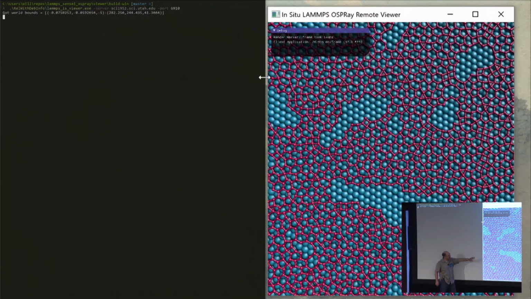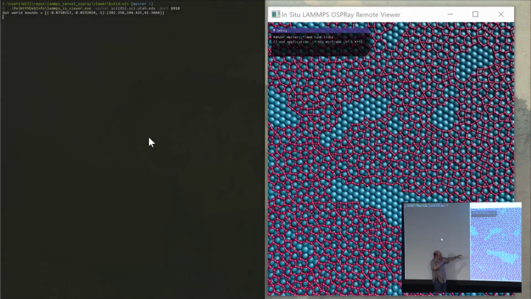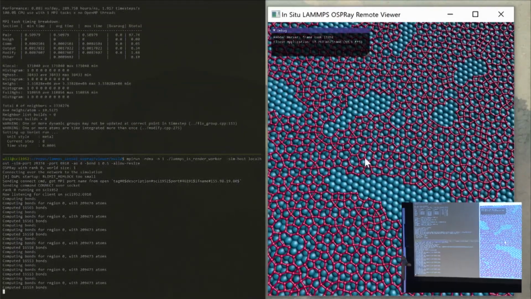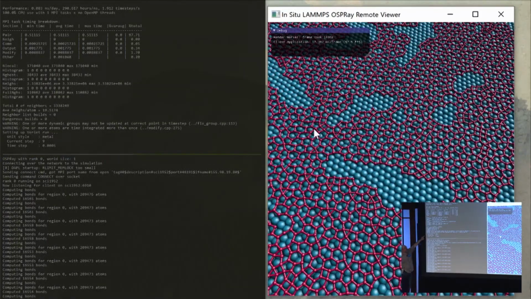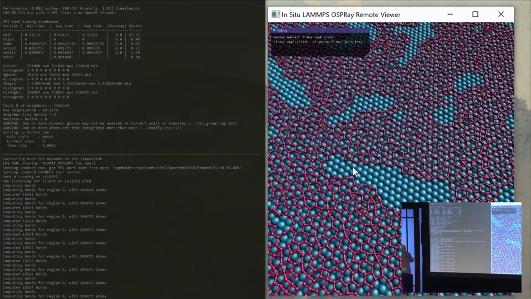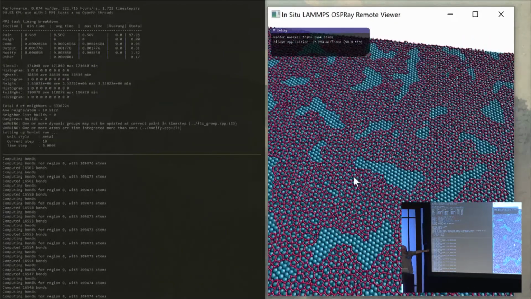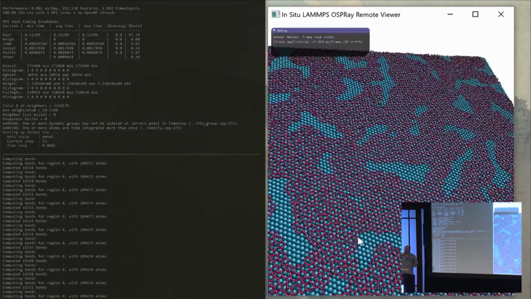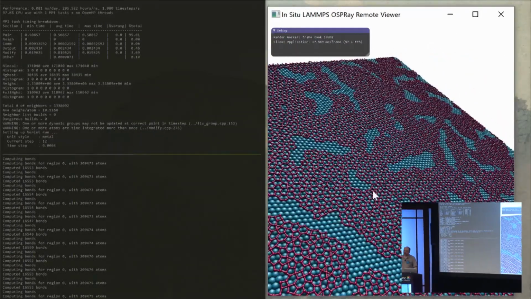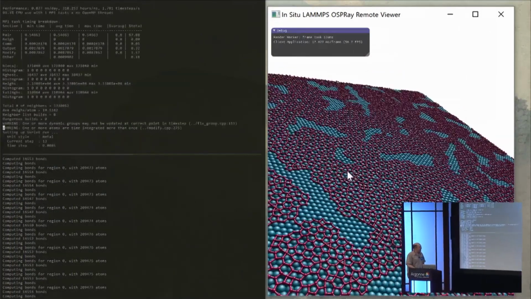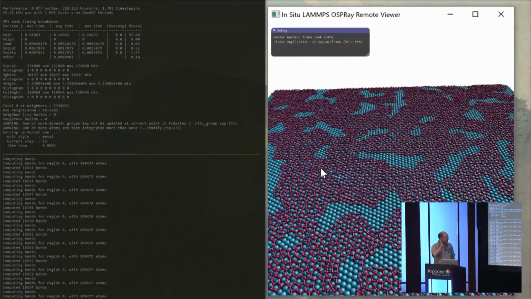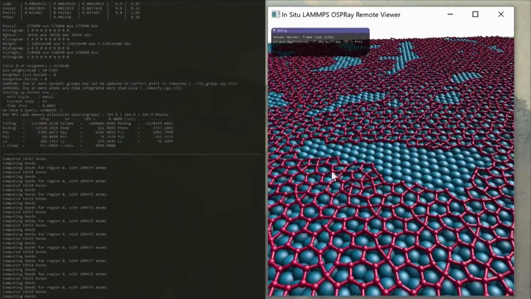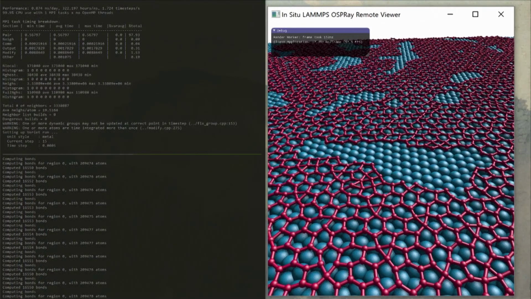You can see how it changes with every time step. There will be some atoms popping up. You can see the simulation keeps going and making its data available, and we ray trace it in OSPRay. So we can explore the data while it's actually being computed. That's the main idea for this specific work. But you could be doing analysis, or you could be saving images to disk. There are lots of possibilities here.